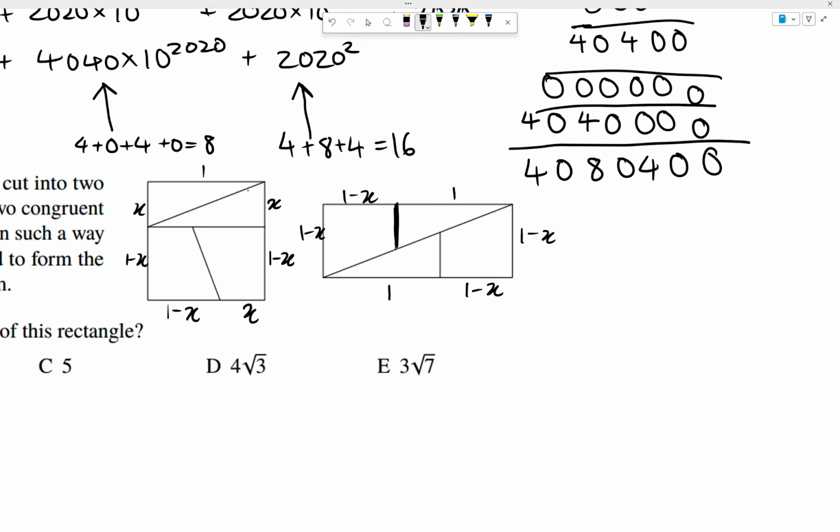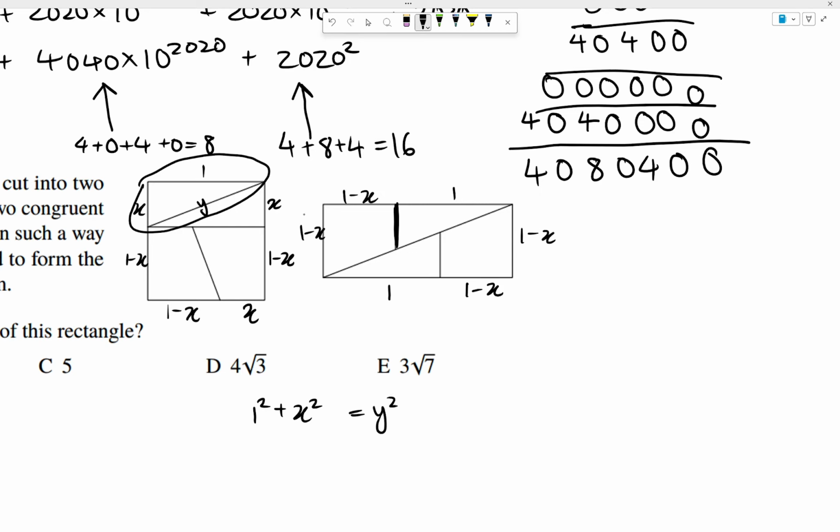Okay, so what I'm going to do is let the length of the diagonal of the triangle be y, and then using Pythagoras on this triangle here, we have that 1 squared plus x squared is equal to y squared.